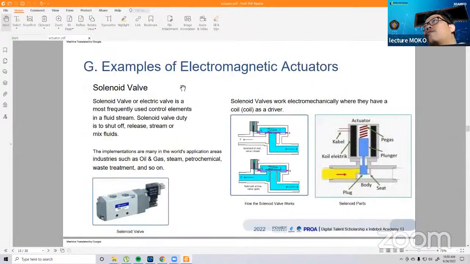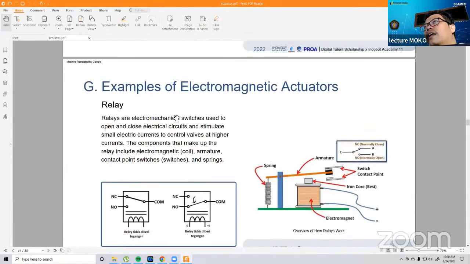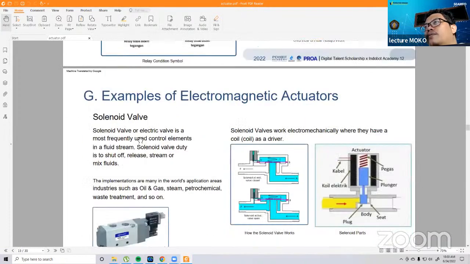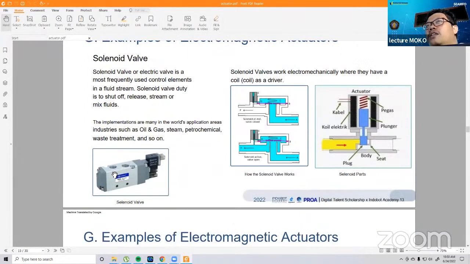Another type of relay is a solenoid valve. The difference between relay and solenoid valve is that these solenoid valves are driven by air, high pressure air. So it is not electricity that will be connected here, but high pressure air.